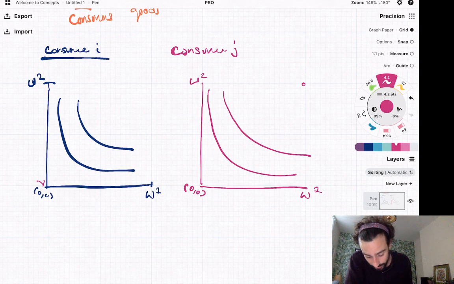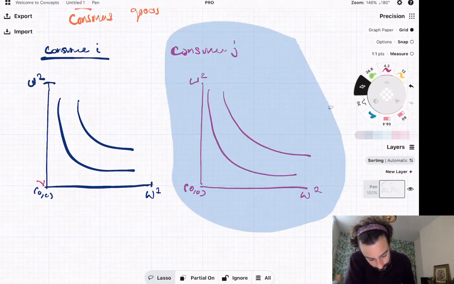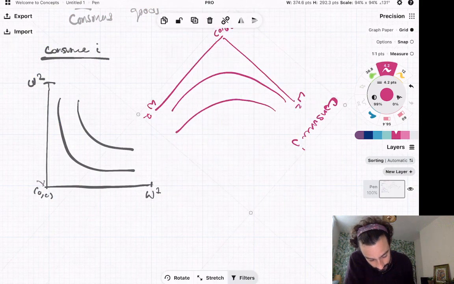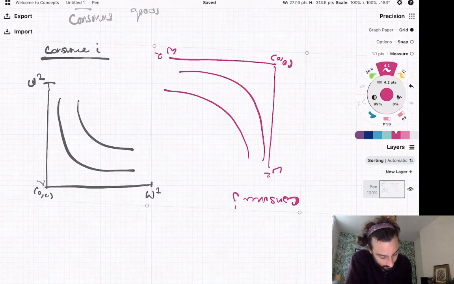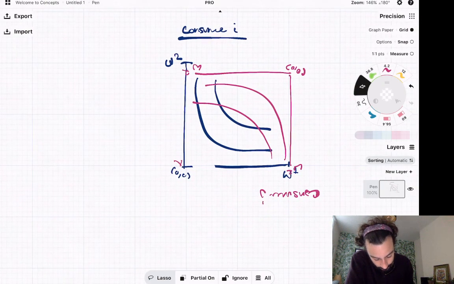So we can do this neat trick where we're going to take this axis here and we're going to rotate it 180 degrees, and then we're going to plop it on top of the other.